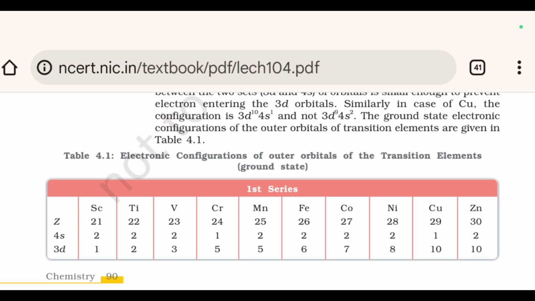Therefore the 4s electronic configuration is 2, 2, 2, 1, 2, 2, 2, 2, 1, 2, and their 3d electronic configuration is 1, 2, 3, 5, 5, 6, 7, 8, 10 and 10. So here chromium and copper, which were supposed to be 4 and 9, are 5 and 10 due to the small gap.